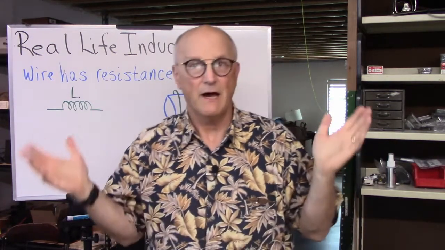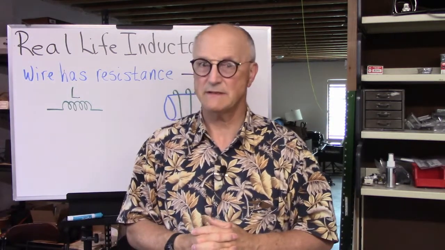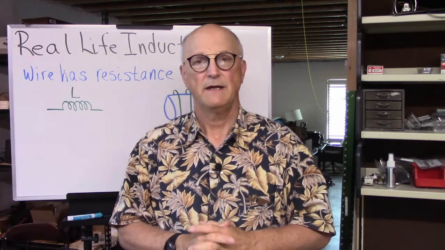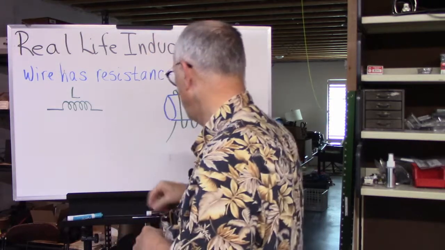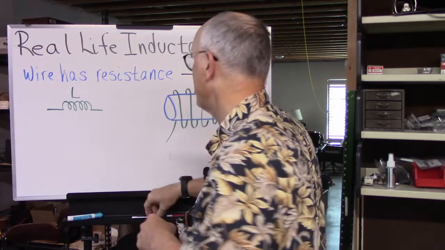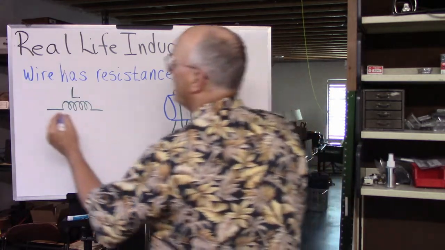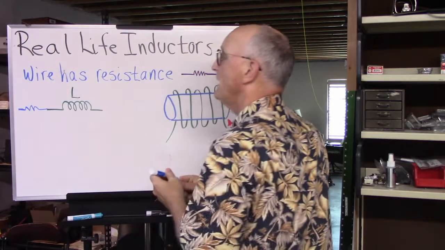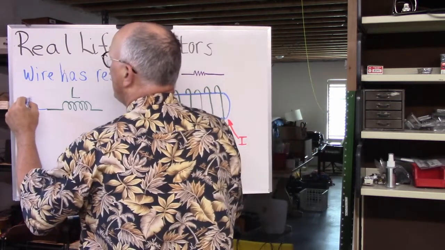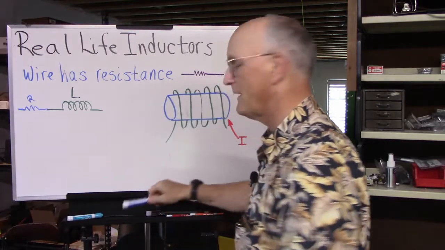It may not be a lot of resistance, but resistance nonetheless. An inductor is constructed using wire, and sometimes a lot of wire. As such, we have to include in our real-life model some series resistance that is the resistance of the wire itself, of the wire that makes up the inductor. And so we add a resistance in here.